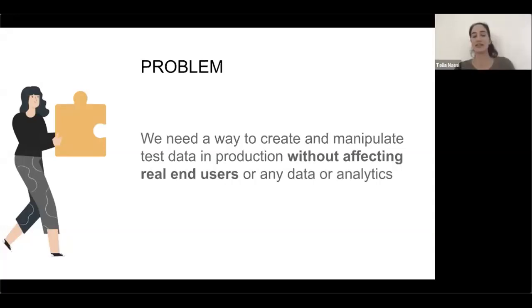It's important that they don't mix, because you make your business decisions from things that your end users do, not from things that your tests do. So if your automated test is running the same thing 5 times a day in production, you don't want to use that data to make business decisions. You want real user data to make those decisions. So that's why. So how do we solve this problem?